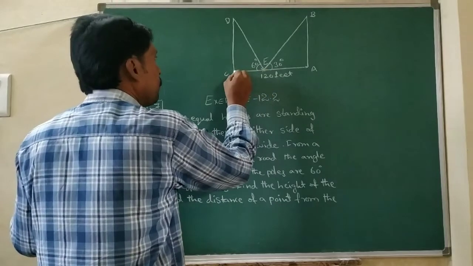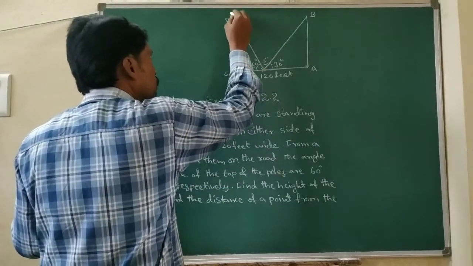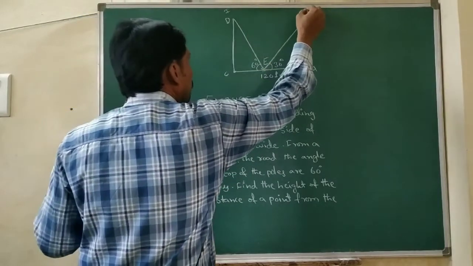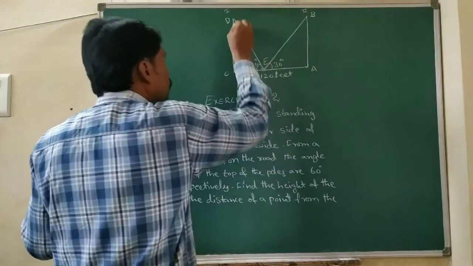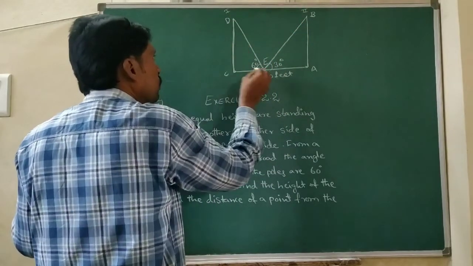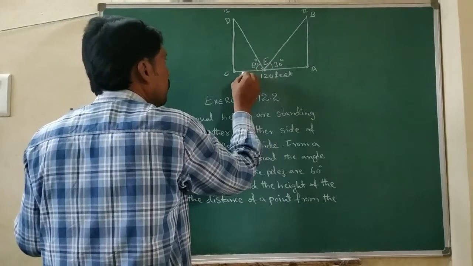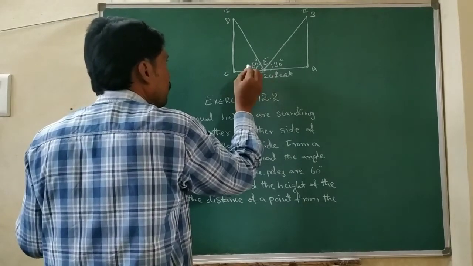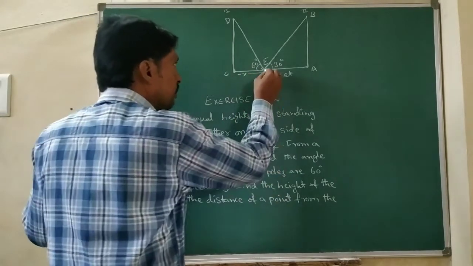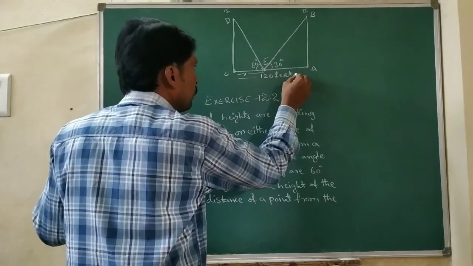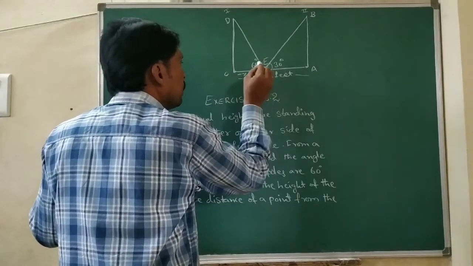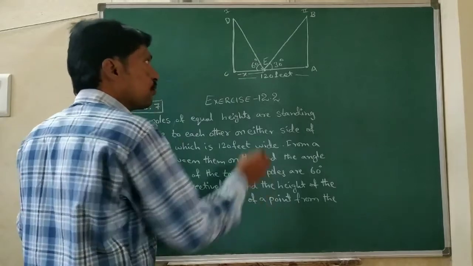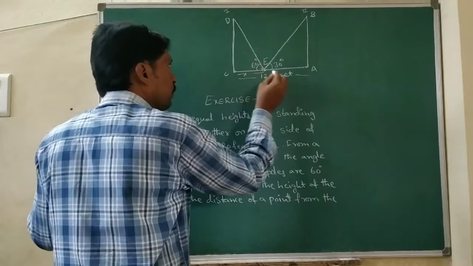You can think this is the first pole and this is the second pole. From the first pole to this point, take the length as x. This total length is 120 feet. So C to E is x feet.